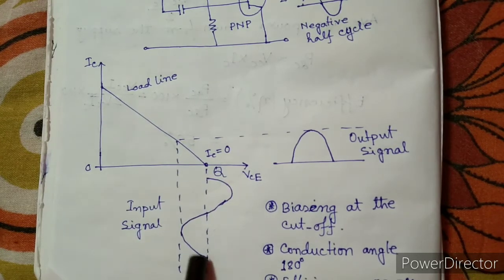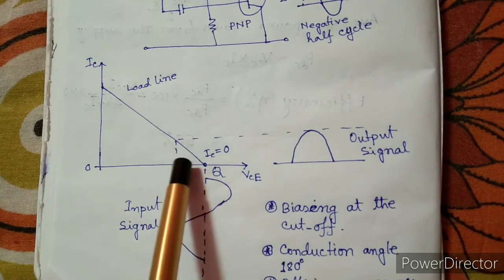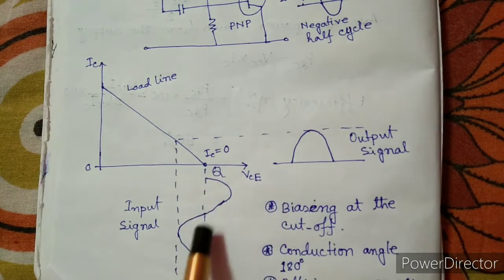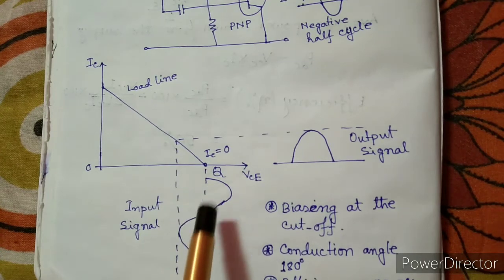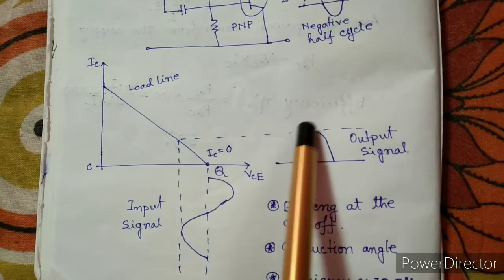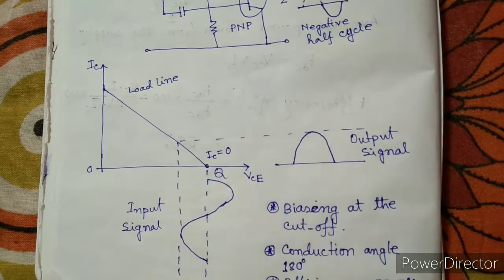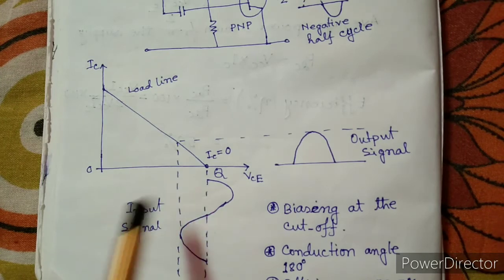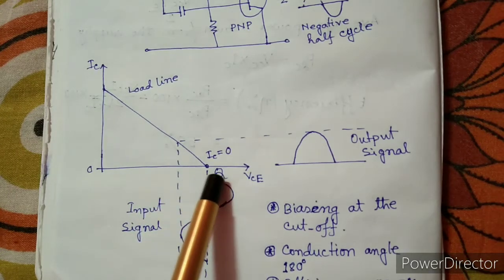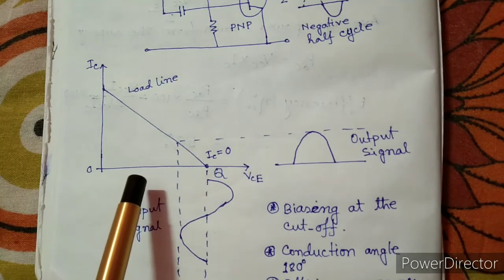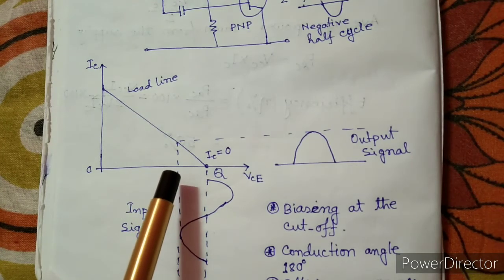So during the positive half cycle of the input, the transistor will allow the current to pass, so conduction will take place when the positive half cycle comes for the NPN transistor, and across the output terminal we will get that type of output signal. So it is very important to fix the Q point in such a way that the conduction angle will be only 180 degrees. Okay.